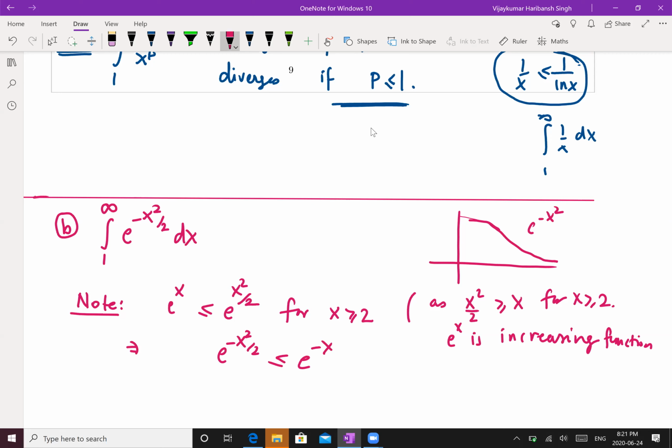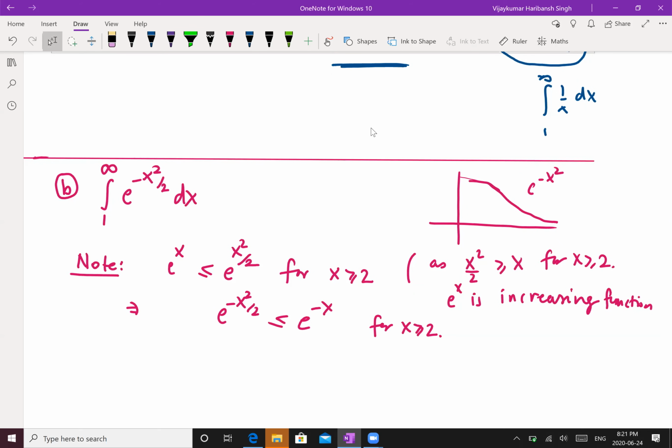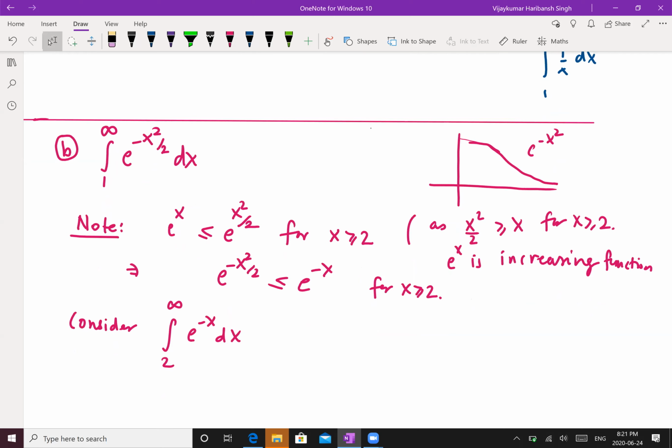But this is only true for x greater than or equal to 2. Our integral starts with 1, but let's first prove it for the integral from 2 to infinity of e to the power minus x dx. We'll prove at least for 2 to infinity and then see later what happens.